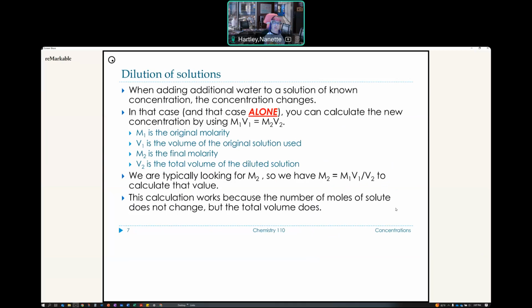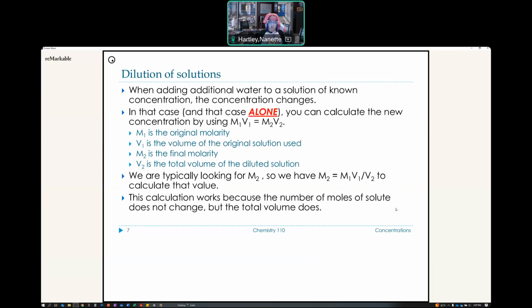So that means that I have to make a higher concentration and then dilute it. Okay, and so I need ways to calculate what's the new concentration when I do the dilution, when I add water to it. And so we have some shortcuts for being able to do that. Because what happens when I do a dilution is I take one solution that has a given concentration and a given molarity, and it has a particular volume.